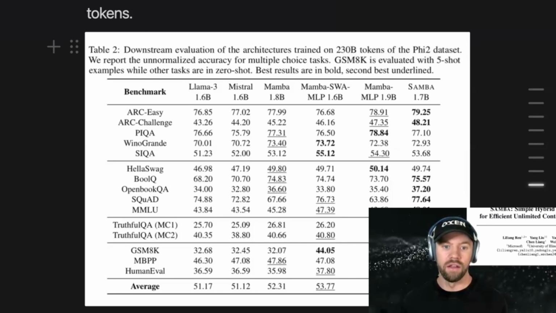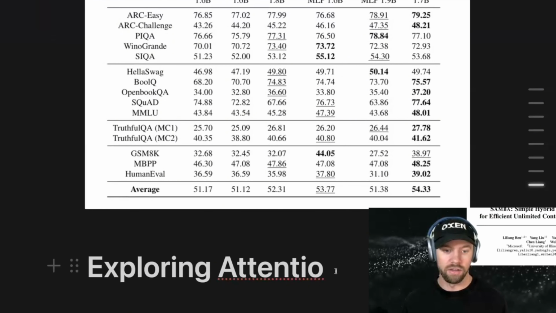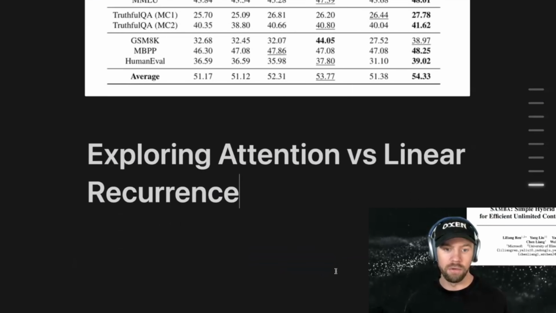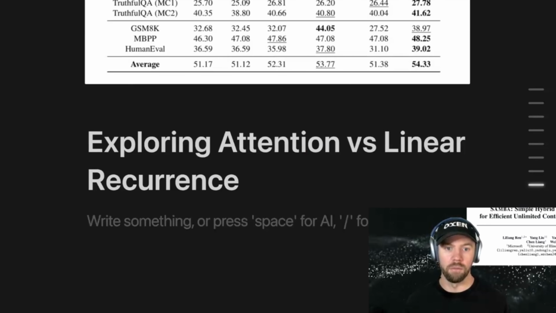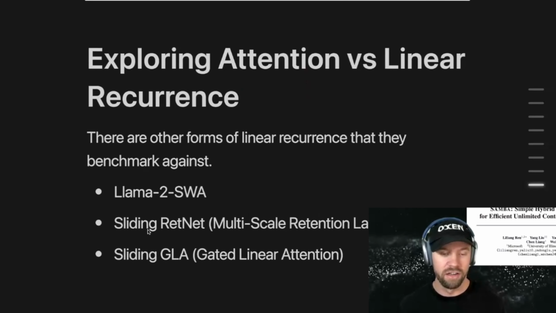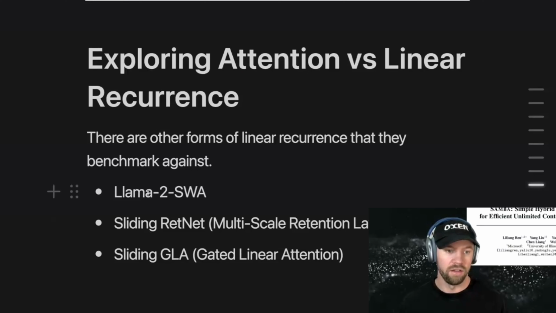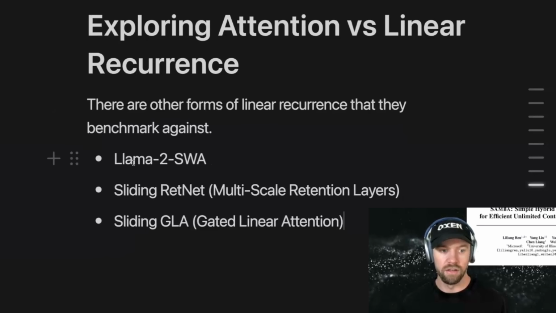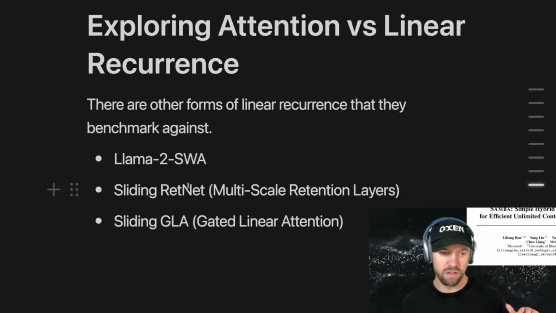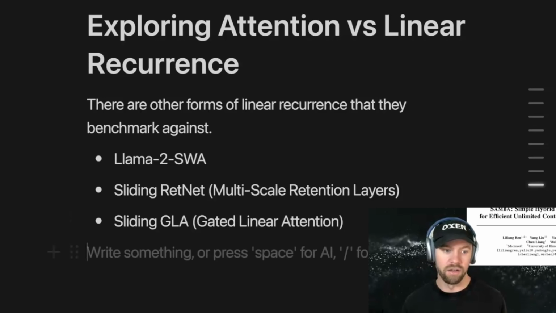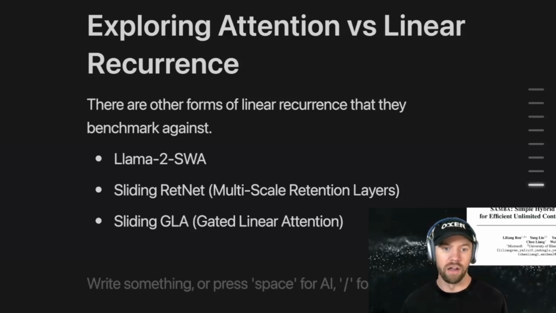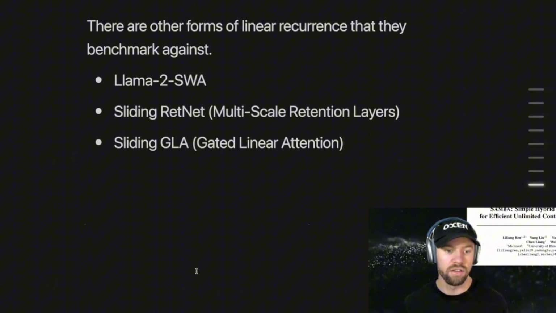And then the next thing they explore is, Mamba isn't the only type of linear recurrence, like Evan was alluding to earlier. There's a bunch of different models that claim to have this linear scaling factor. So they also compare it against Llama 2 with sliding window attention, sliding RetNet, and sliding GLA, which are models that I haven't actually read the papers for, but have this kind of linear recurrence.